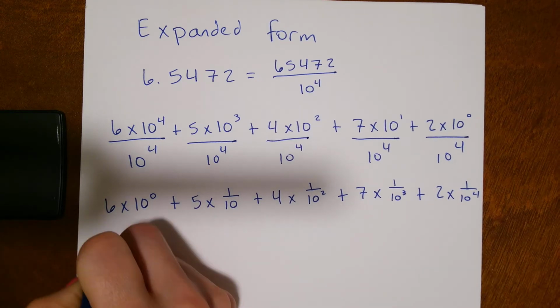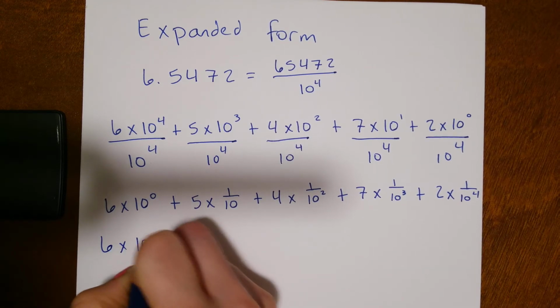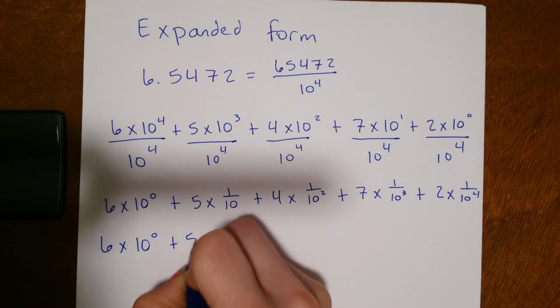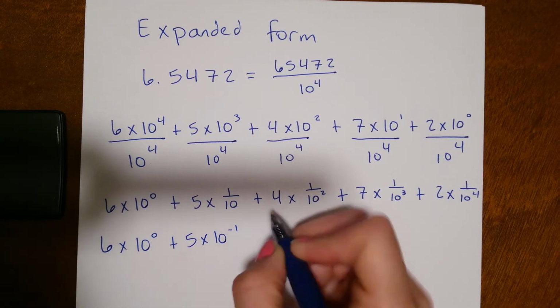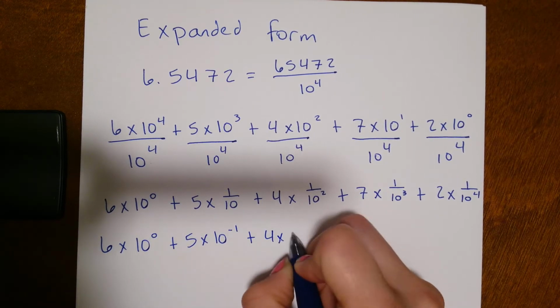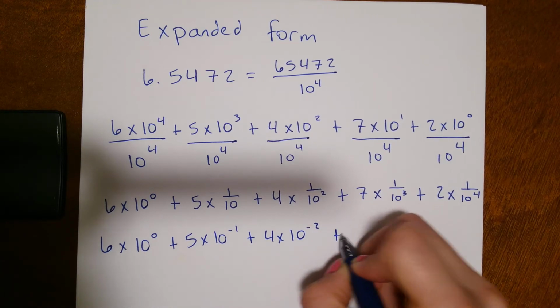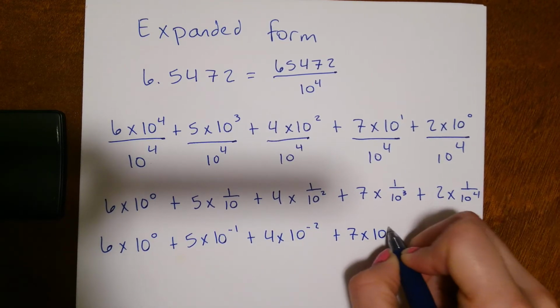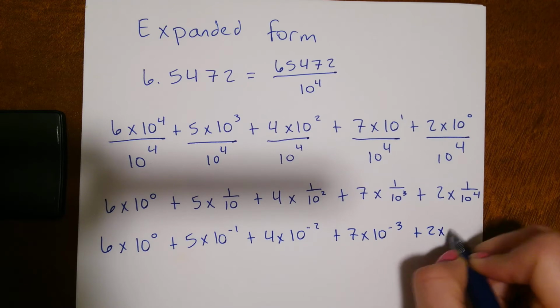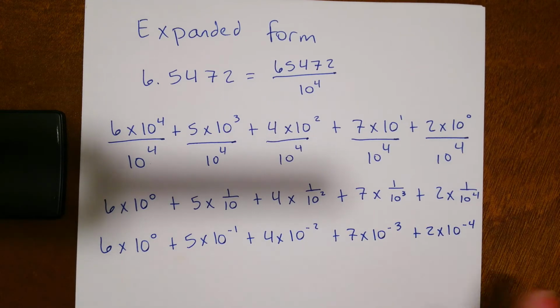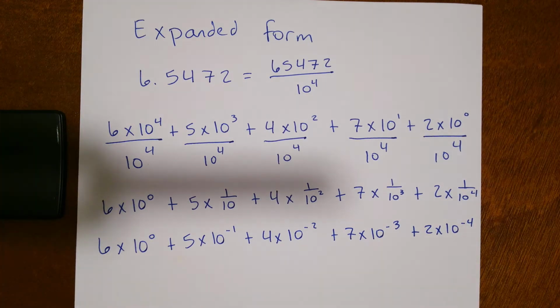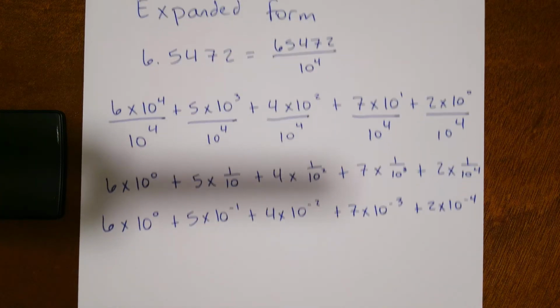So I'm going to rewrite these. 6 times, this would still stay 10 to the 0, plus 5 times 10 to the negative 1, plus 4 times 10 to the negative 2, plus 7 times 10 to the negative 3, plus 2 times 10 to the negative 4. Again, this depends on the grade level that you're teaching. Of course, if you haven't talked about negative numbers, then that would not be an appropriate form, but it does follow.